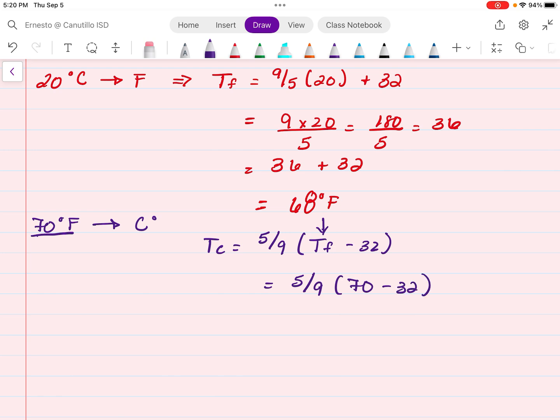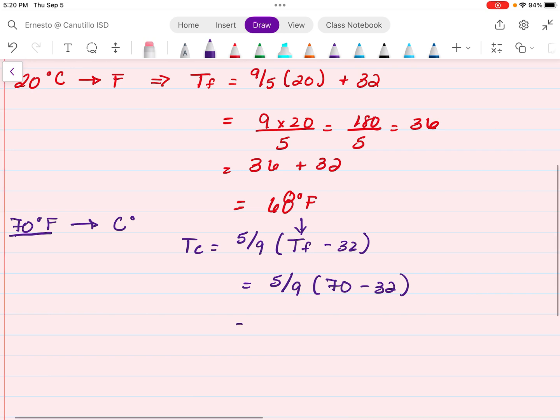Let's simplify everything inside the parentheses first. 70 minus 32 gives me 38. Now I'm going to take that 38 and multiply it by my fraction. Remember, when you multiply by fractions, that means 5 times 38, and then whatever you get there, I'm going to divide by 9.